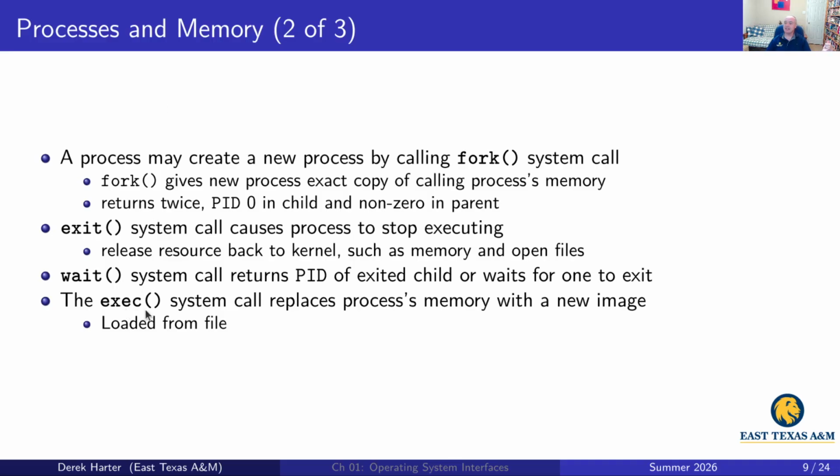But if you want to actually execute a new set of code, you have to call exec after a fork. A common pattern in the child, if we see that 0 was returned, indicating that this is the child process, is to call exec to load a new set of instructions and data from a file and start executing those instructions.